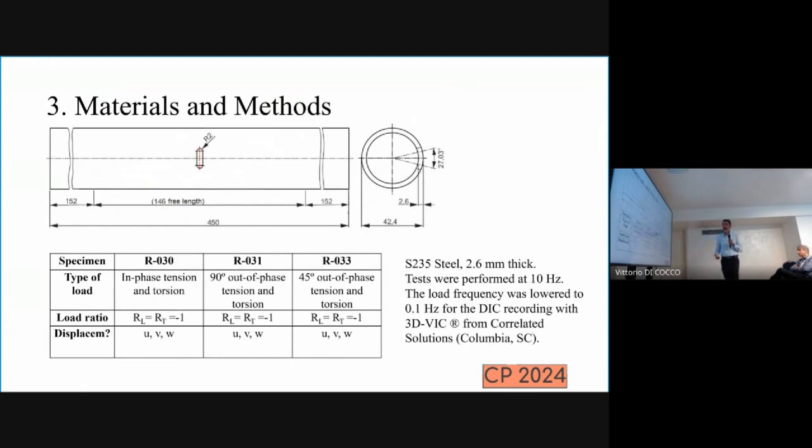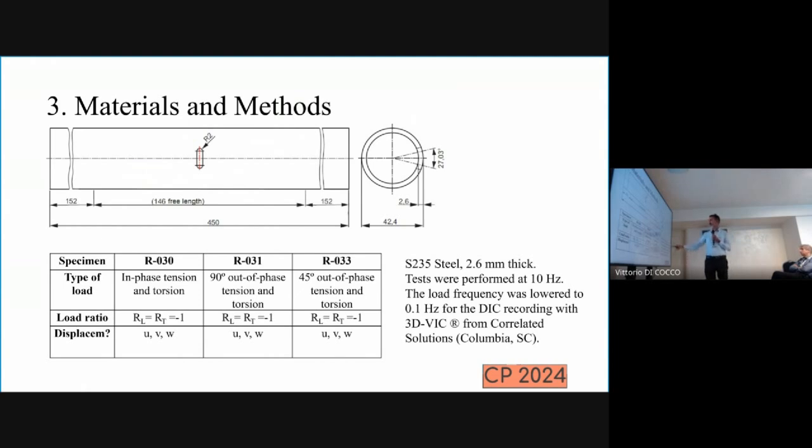So to test the method, I was fortunate to have some data, some samples. These samples were thin tubes made out of S230 steel. It's a 0.2 stainless steel according to European standard, 2.0 millimeters thick.